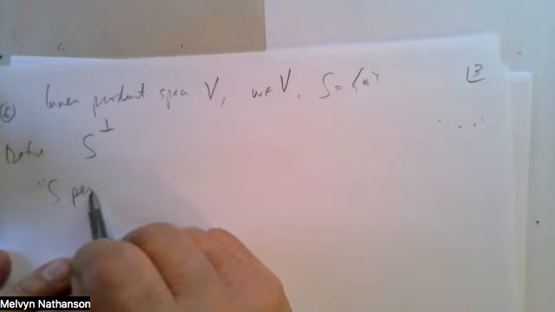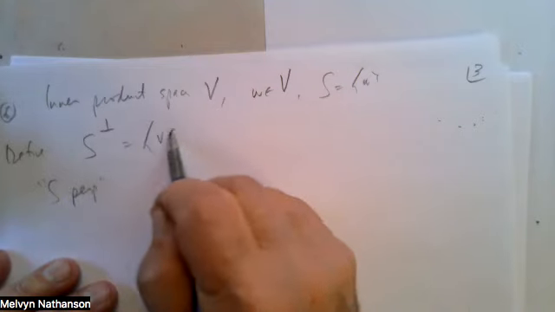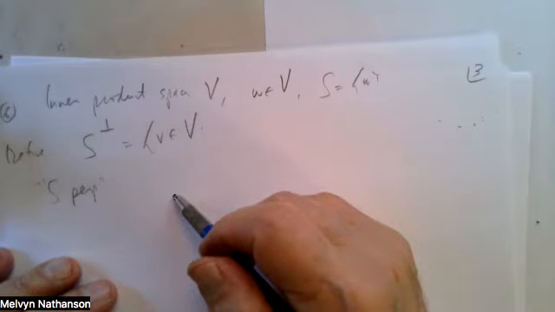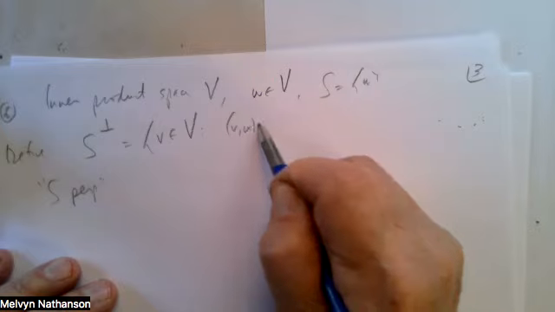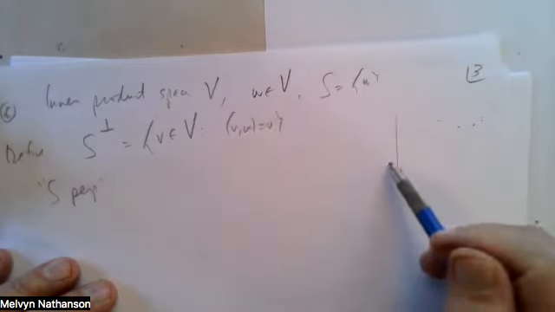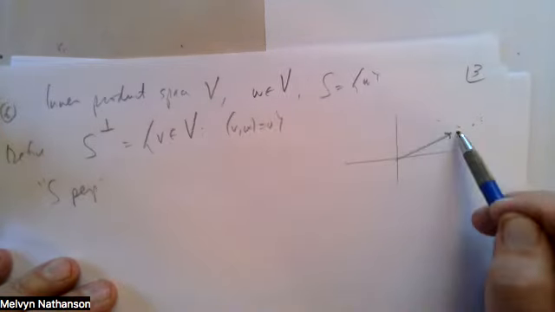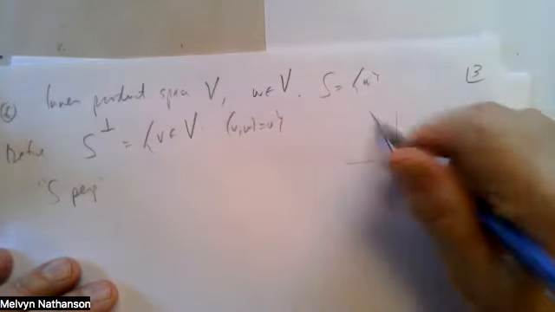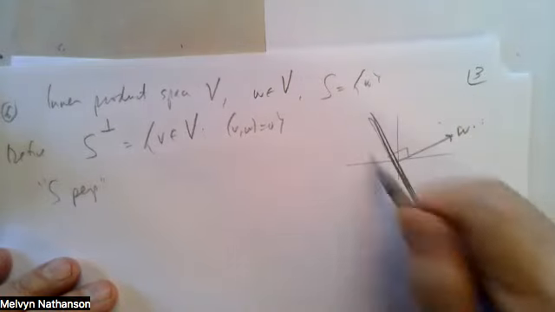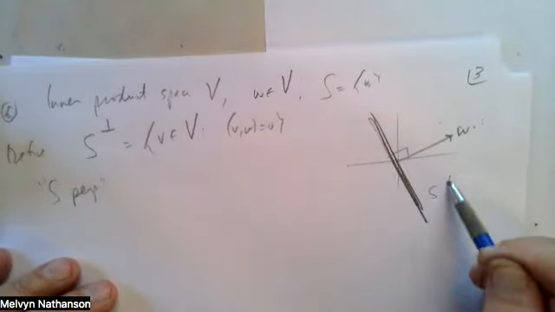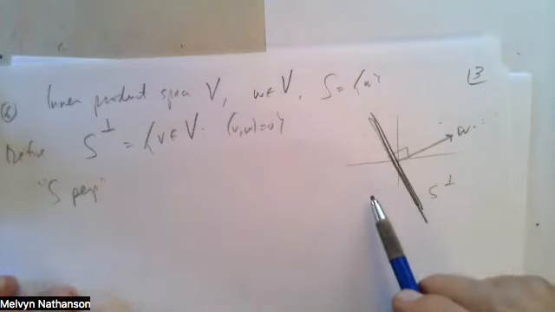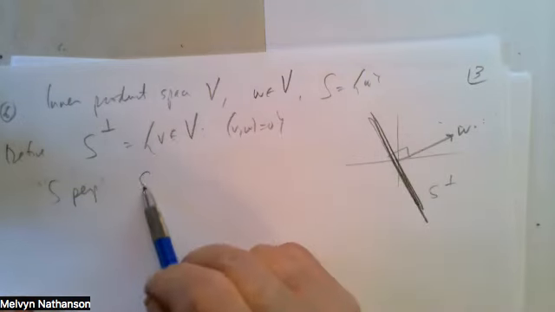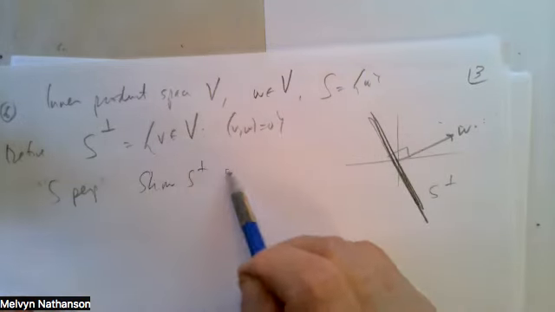We usually read this as S perp. This is all vectors in V which are perpendicular to W. So for example, in the plane, if this were the vector W, everything perpendicular to W would be on this line. So this would be my S perp. This is a perpendicular line through the origin, which is a one-dimensional subspace, and we want to show that in general, S perp is a subspace.